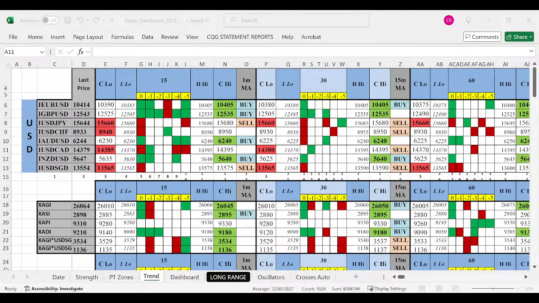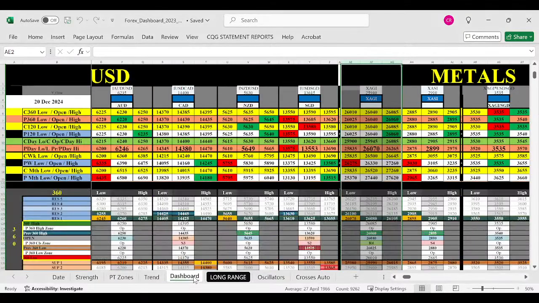Because if the dollar goes up, then eventually the gold should come down. Right now it is at 2606, and I think it doesn't have much strength. Maybe it may get rejected at 11.